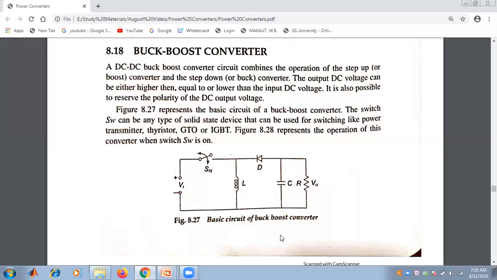We are using a switch, which can be of any type of solid state device that can be used for switching, like a power transistor, thyristor, GTO or IGBT. This is the general basic circuit diagram of the buck boost converter.